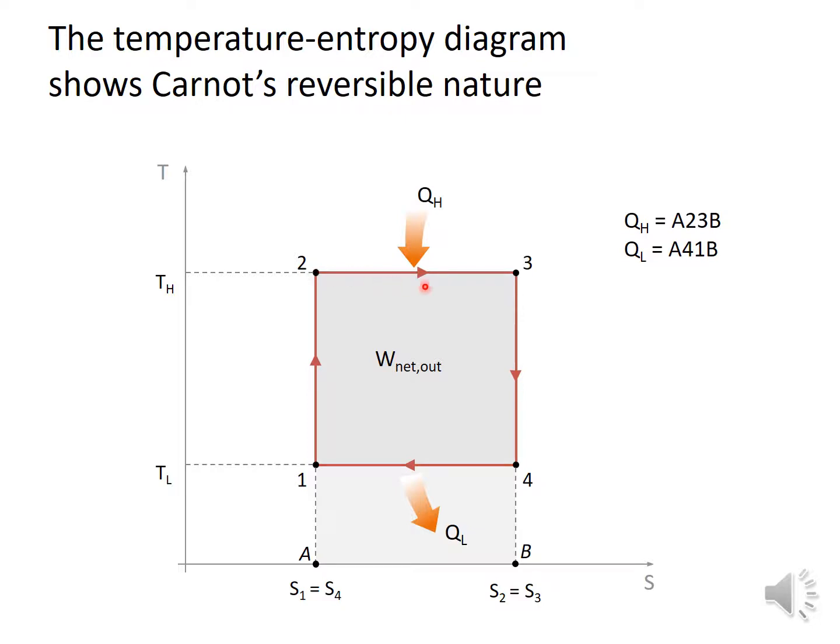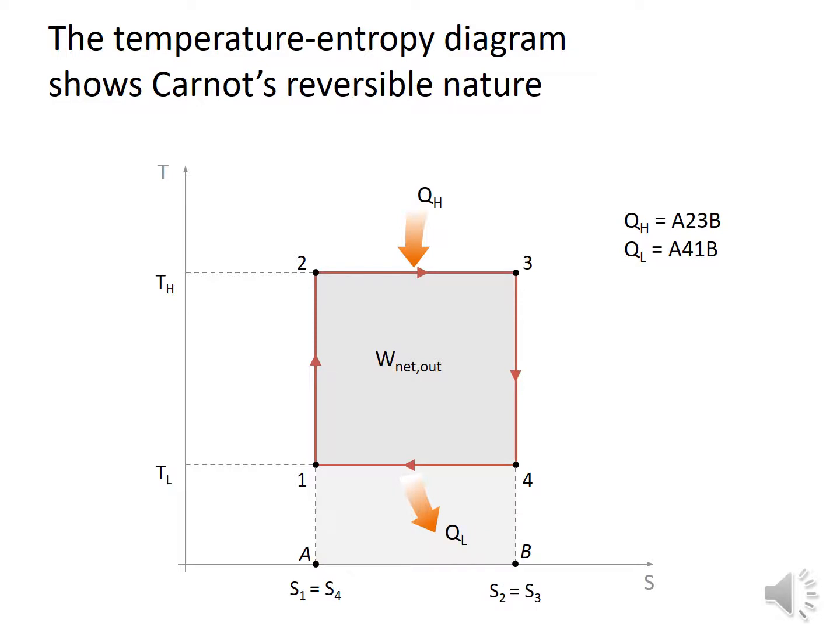Now the area contained between points A, 2, 3 and B is all the energy, in the form of heat, that we put into the cycle, while the area between A, 1, 4 and B represents the heat that we remove from this cycle.